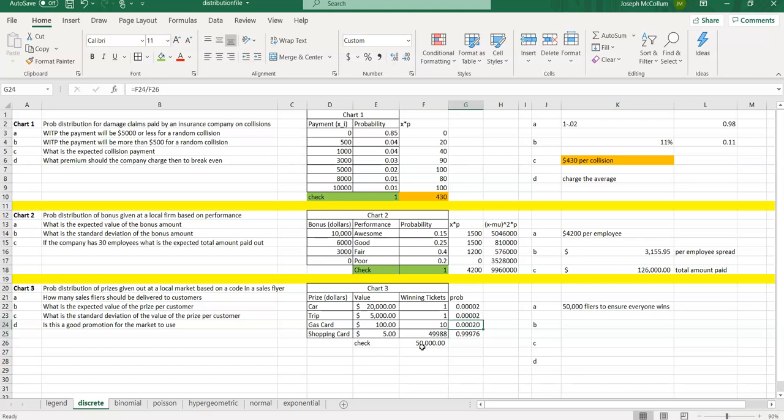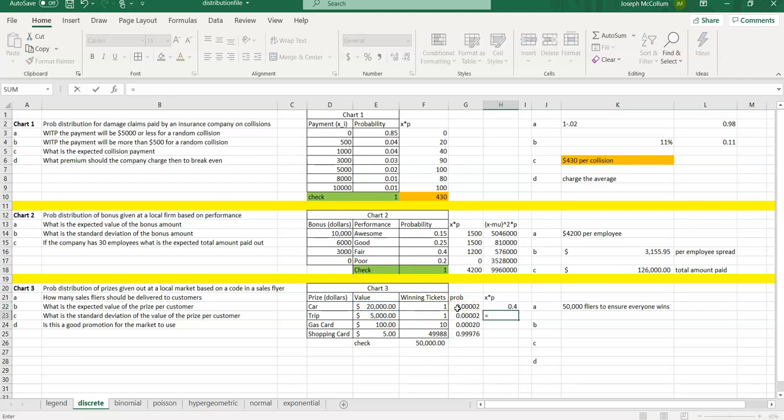Okay, once we have the payout and the probability, we can create expectation. Remember, expectation is the sum of the xi times the probability of that xi. I've been utilizing Excel. You could do this all by paper. You would just take your x and multiply it by its probability.